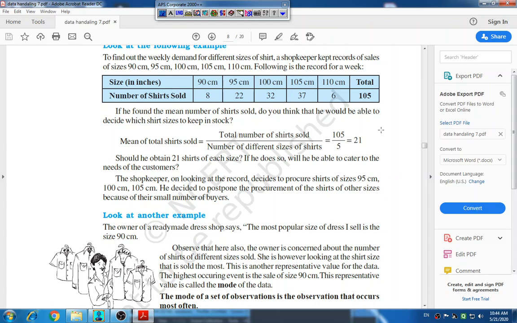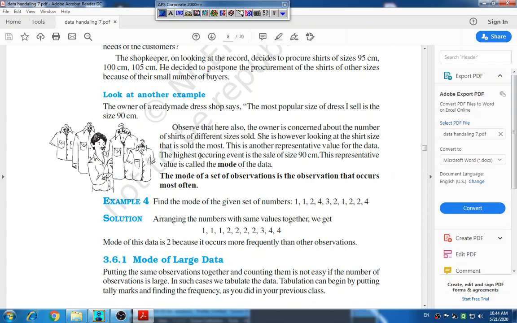The owner of a dress shop says the most popular size of dress I sell is size 90 cm. Now observe that here also the owner is concerned about the number of shirts of different sizes sold. She is however interested in the highest value for the data. The highest event is the sale of size 90 cm.